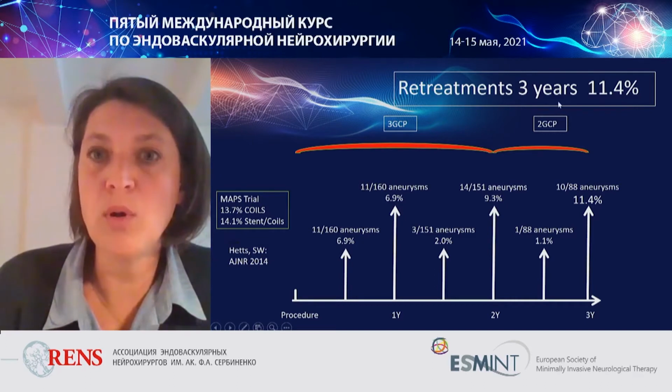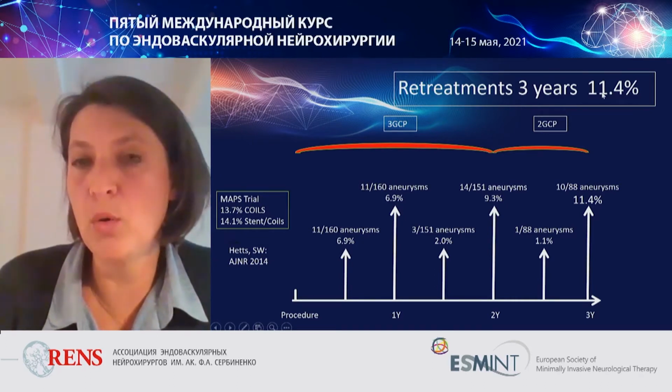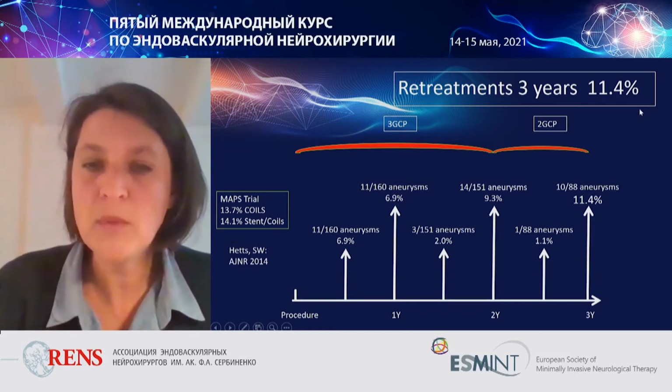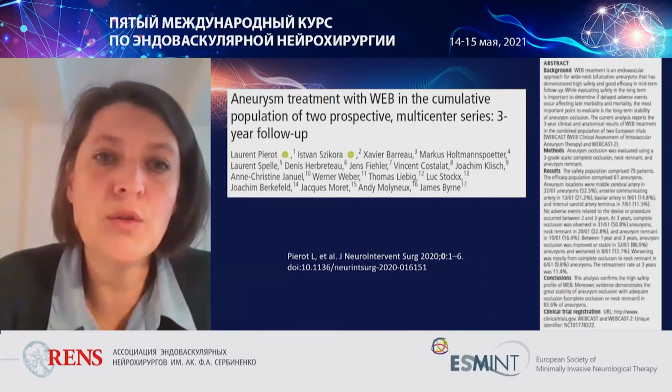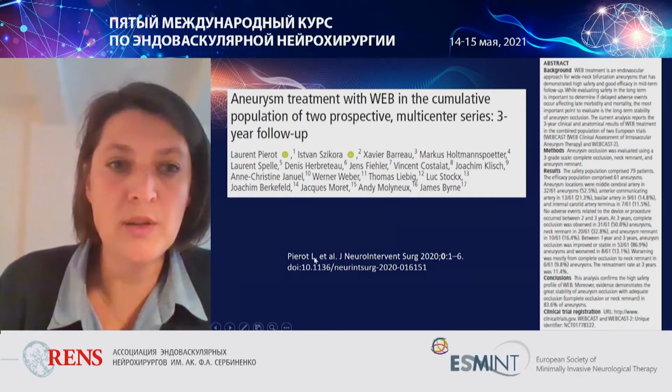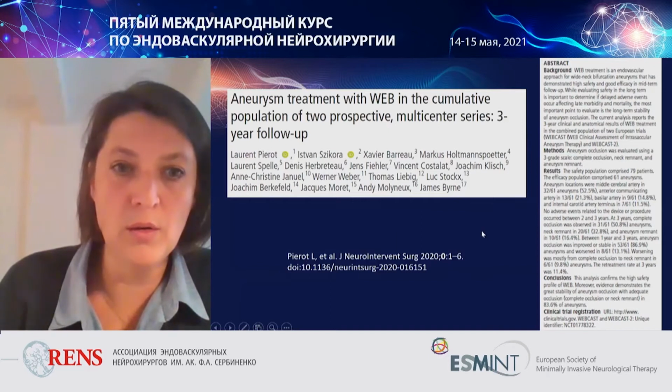So stable at 3 years with quite comparable rates of retreatment with the literature. If you want more information, you can read this paper written by Laurent Pierot in AJNR.